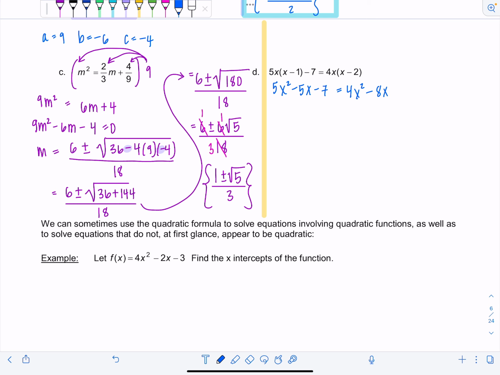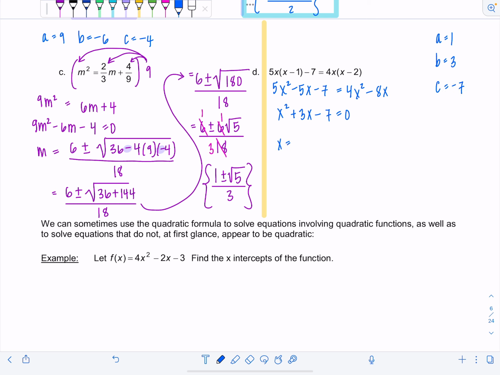Okay, so setting everything to 0, I'm going to subtract 4x squared. So now I just have 1x squared. If I add 8x, now I have plus 3x minus 7 is 0. So let's see. a is 1, b is 3, and c is negative 7.